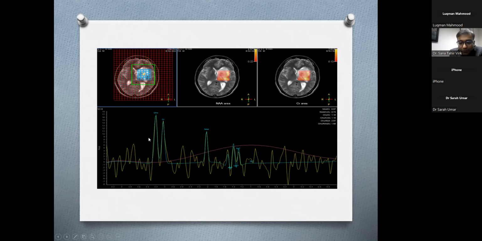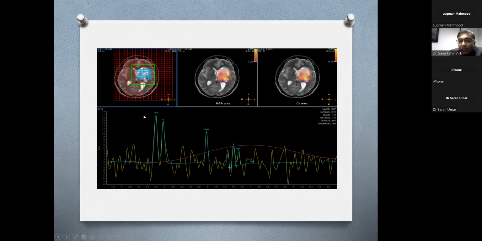There are benign lesions which can show a choline peak, especially those which have a lot of necrosis in them. But what is important to note here is the reduced NAA peak. Typically, in normal brain tissue, the tallest peak among all these peaks is the NAA peak, which is reduced here, which means there is a certain disease process going on.